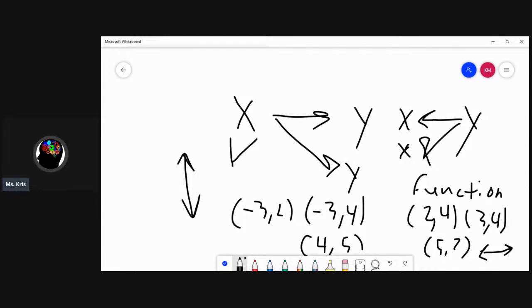But know that even if 2 of the x's have the same y, that is still considered a function, because where y equals 4, it makes a horizontal line and it passes the vertical test. If this passes the vertical test where it only hits at 1 point per x, it is considered a function. So (2, 4), (3, 4), and (5, 2), that is considered a functional set.